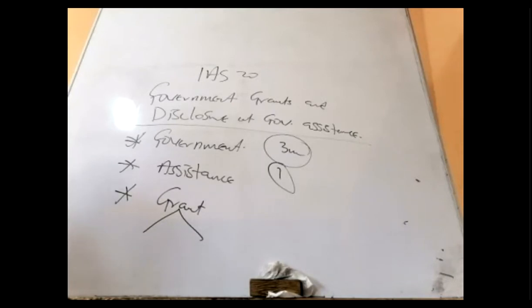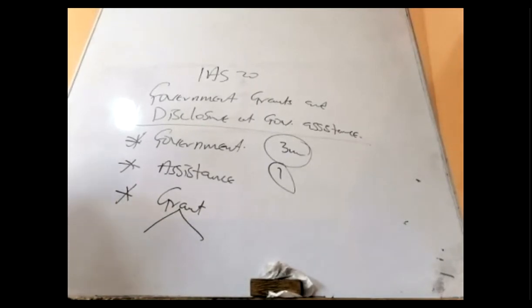There's no future anywhere. Yes. Return for past or future compliance with certain conditions. That's all. Okay, so that is the definition for government grant.